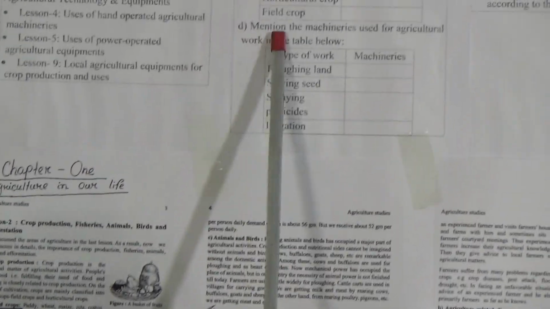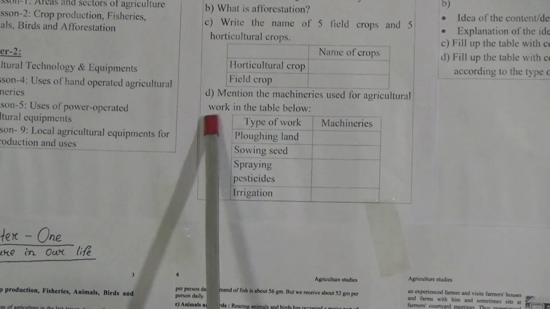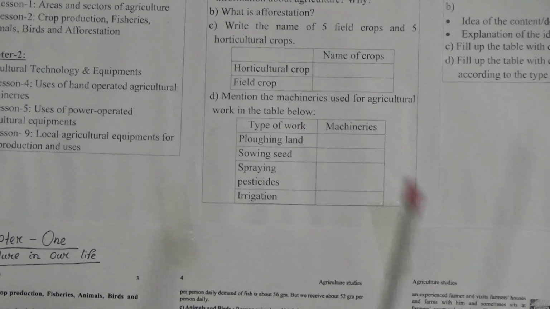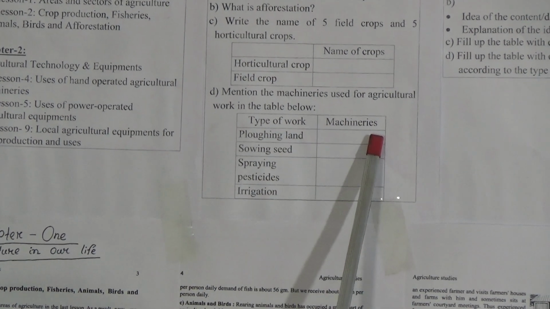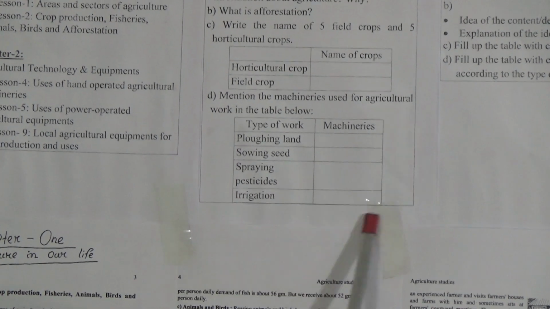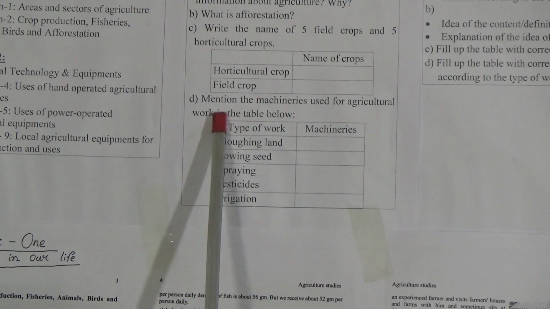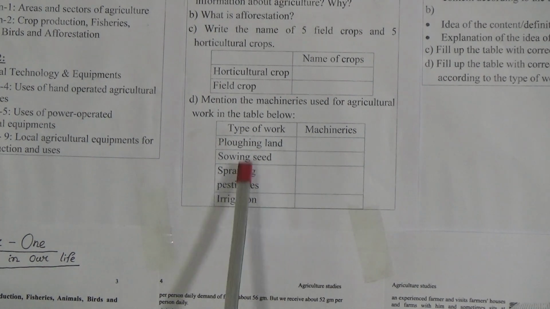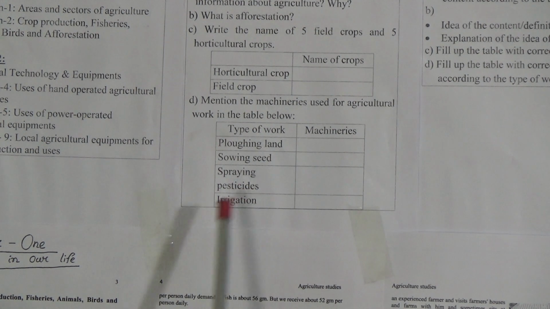Now number D, mention the machineries used for agricultural work in the table below. Just look here, this is type of work and this is machineries. For this question also you have to use this table. Okay, students, I am repeating, for this question answer you have to write this table properly.